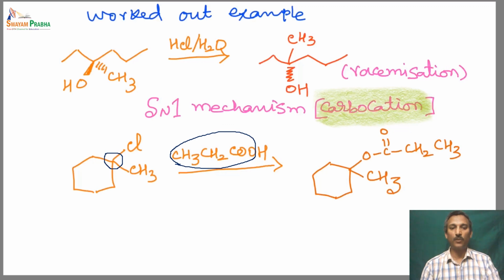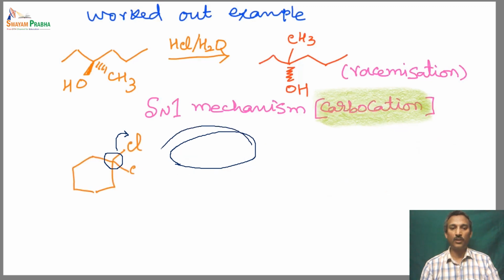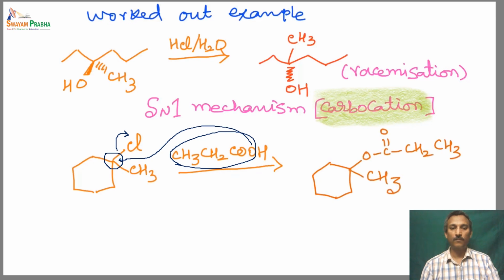So substitution happens, the chloride is lost, and the negative charge comes and attacks this carbon. We end up with a propanoyl derivative of this compound formed here. This is the propanoic acid, so the propanoyl derivative of this compound is formed.